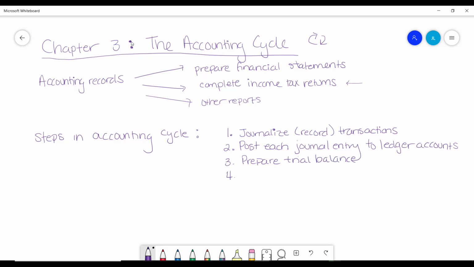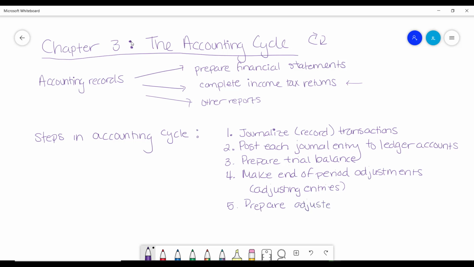Then, which now we're getting into Chapter 4 material that we won't get into in detail now, the next step is to make end of period adjustments, or specifically, adjusting entries. After you've completed those entries, you can move on to step 5, which is to prepare the adjusted trial balance.